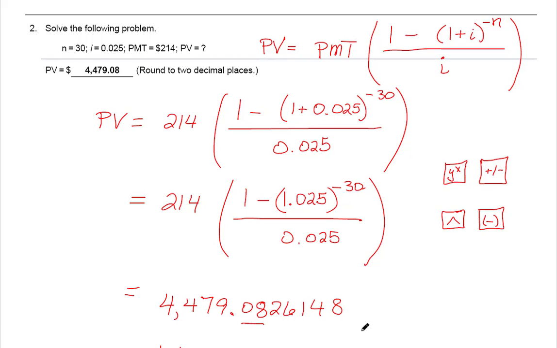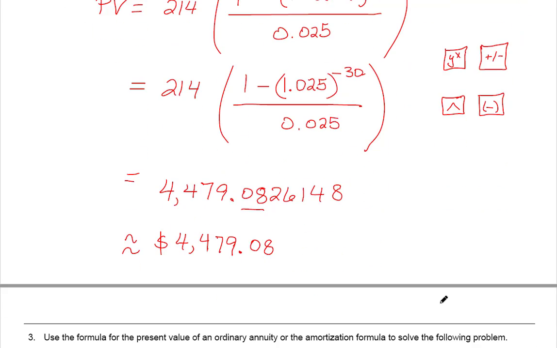So we get this big long number. We're going to round it to 2 decimal places. All right, the thing after the 8 is a 2, so drop all that stuff off. And so we get 4,479.08.